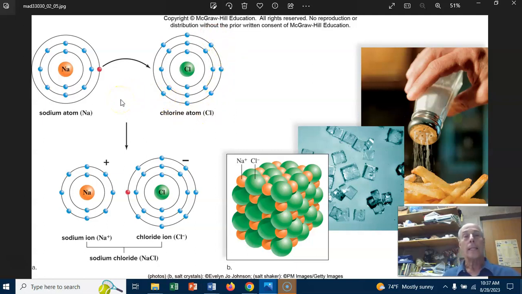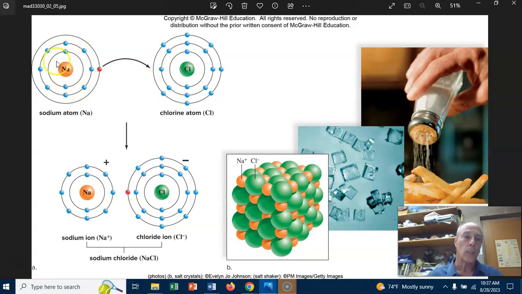Now, atoms like to have a filled outer shell. And if you remember, the electrons in that outer shell are the highest energy. They like to fly off of there and do so fairly readily. And so, thinking about that, this sodium atom is going to lose that electron pretty easily, and the chlorine will receive it.